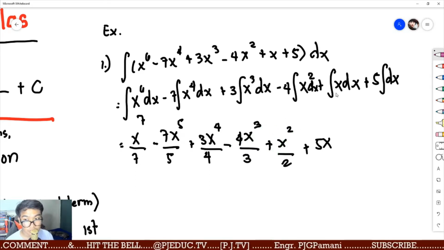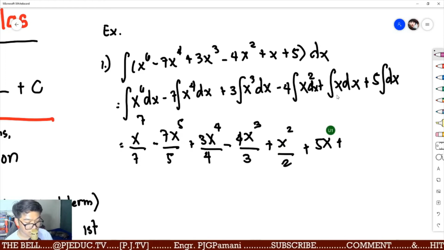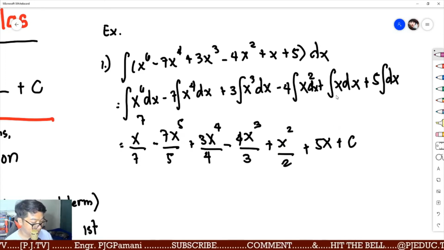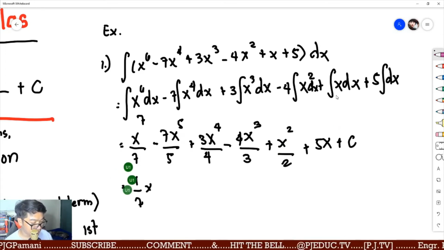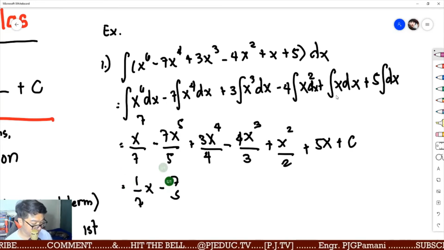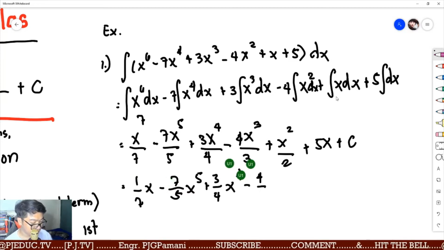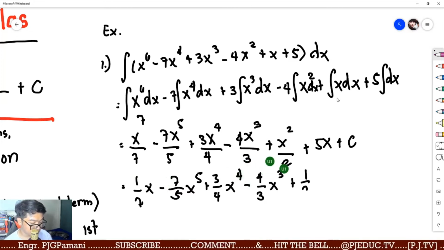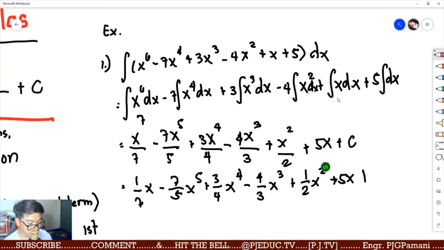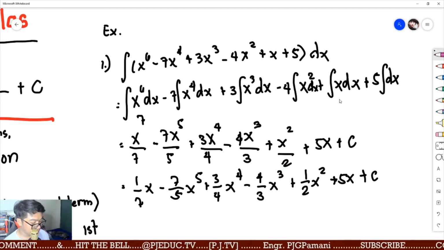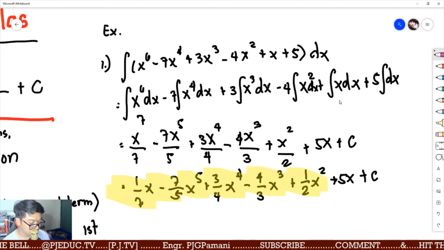Are we done? Not yet. What's missing is your integration constant. Simplify further: 1/7 x raised to the 7 minus 7/5 x raised to the 5 plus 3/4 x raised to the 4th minus 4/3 x cubed plus 1/2 x squared plus 5x plus c. This is now our final answer for this problem.